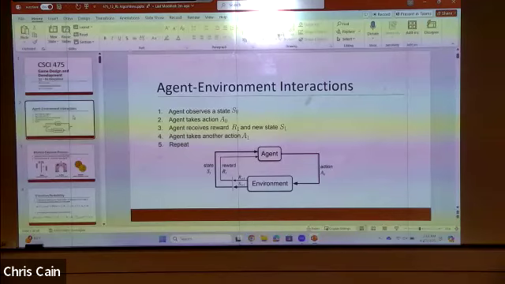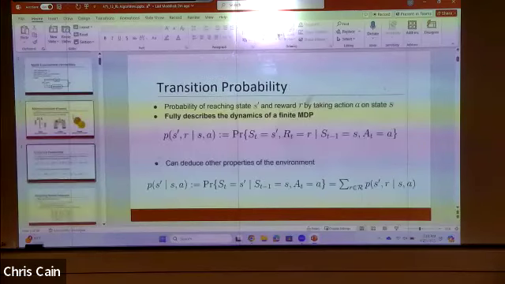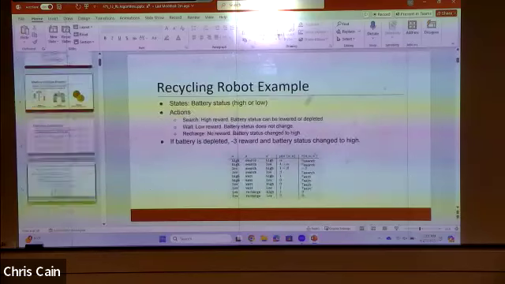Yeah, exactly. All right, so we recapped the agent-environment interaction, of how an agent works with its environment. We talked about MDPs as state machines and transitions in graphs. So we talked about transition probabilities as well. How likely are you to end up in a successor state, given the state that you're in?